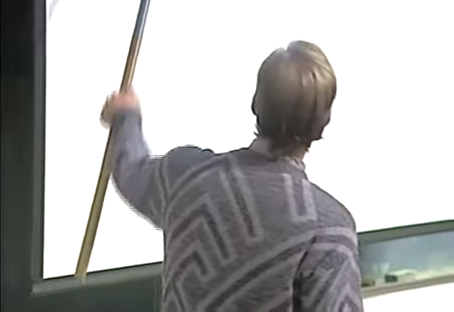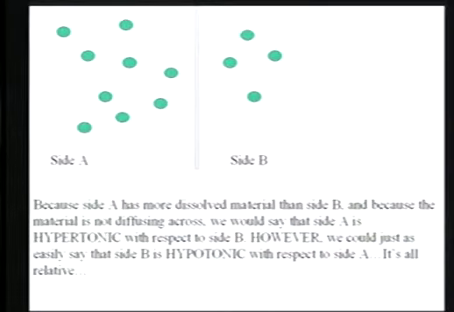So because side A has more dissolved material than side B, you just count the dots, we'd say that side A is hypertonic. Side A is higher salt, so it's hypertonic with respect to B. But we could just as easily have said that side B is hypotonic with respect to side A, because side B is lower salt than side A. So when you're referring to these terms, you've got to be aware of which direction you're talking.